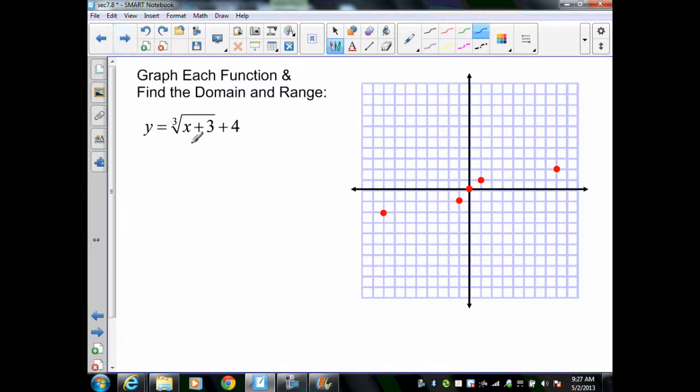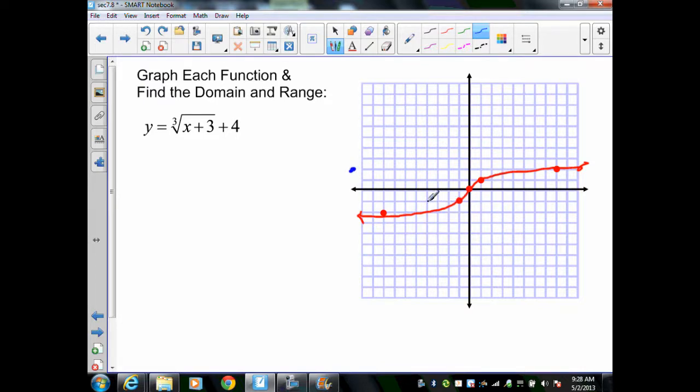Let's continue. We're going to have multiple translations here. Again, I have my family of functions, y equals the cube root of x plotted. I'll graph those in. And now each ordered pair needs to move 3 units to the left and 4 units up. So 1, 2, 3, I'll estimate, up 1, 2, 3, 4.